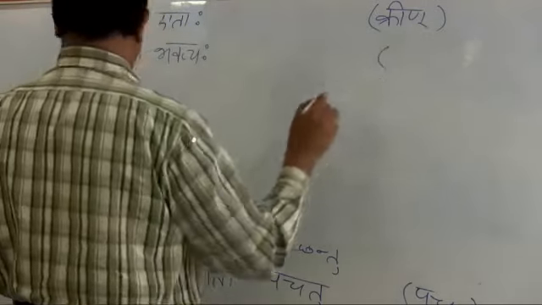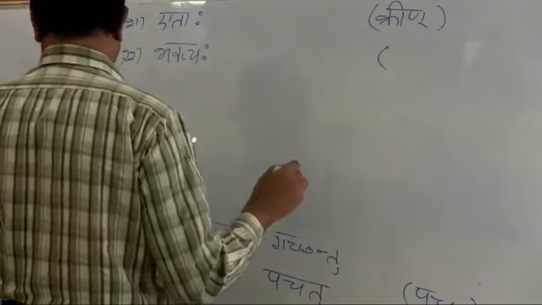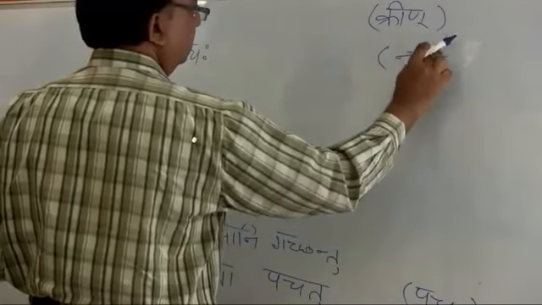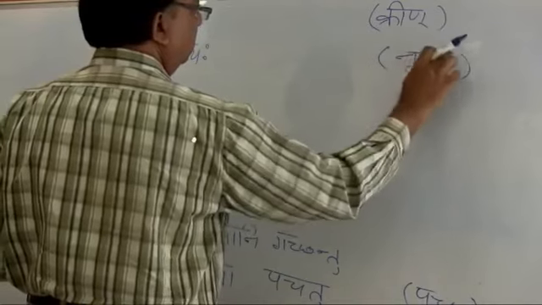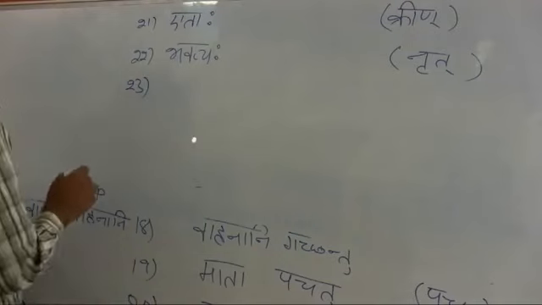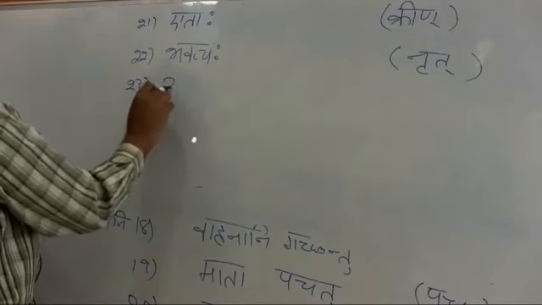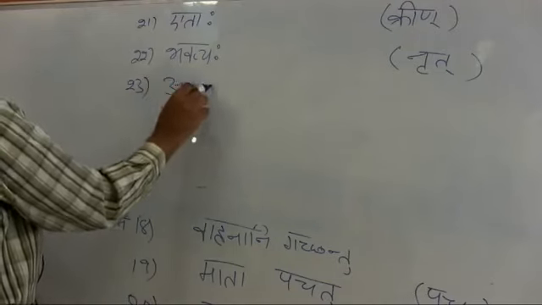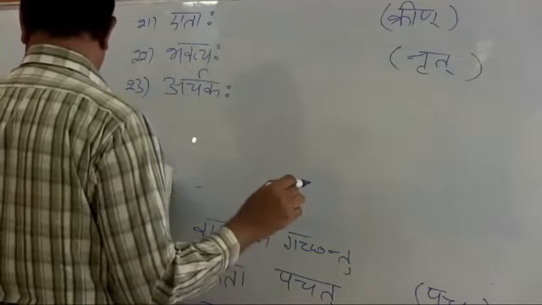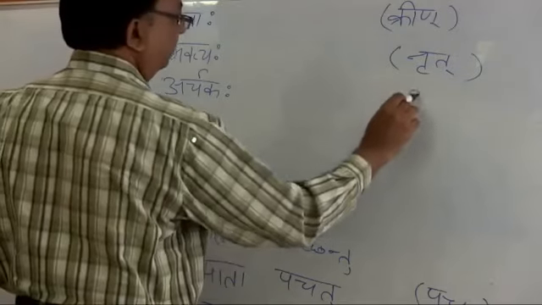The verb to be derived here is Nrutta, to dance. The 23rd one is Archakaha, and the verb is Archa.